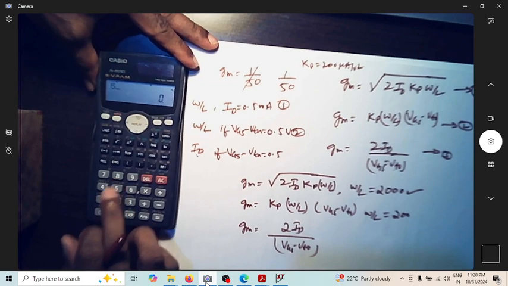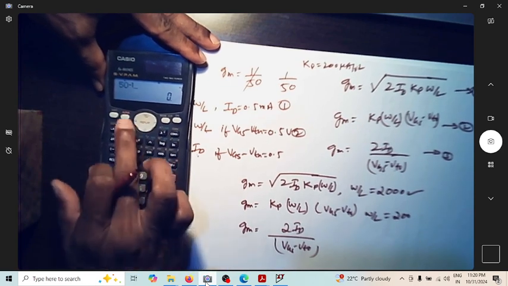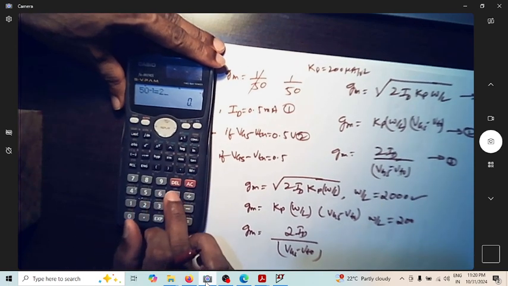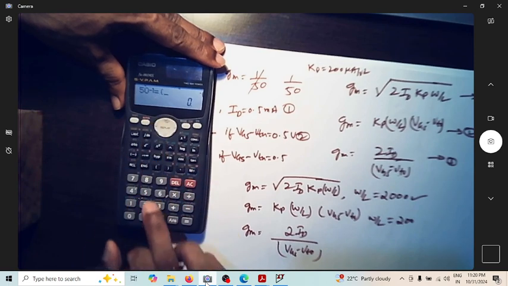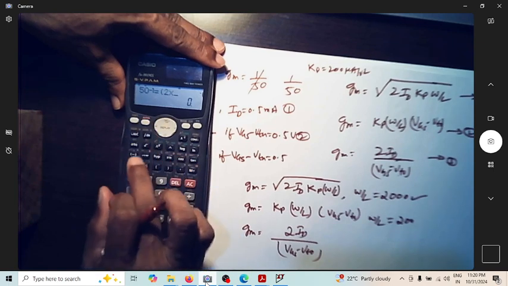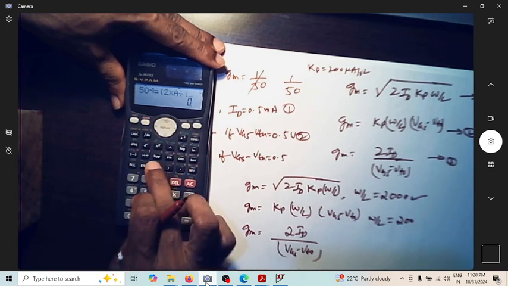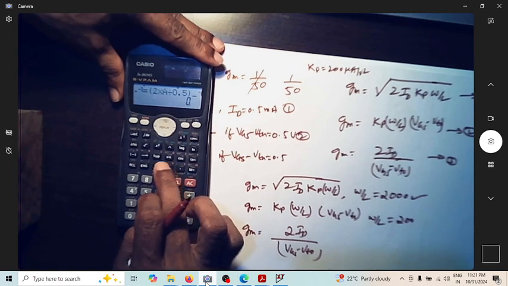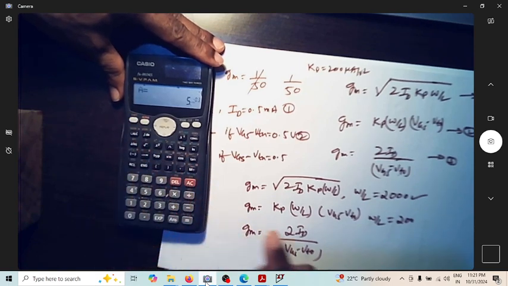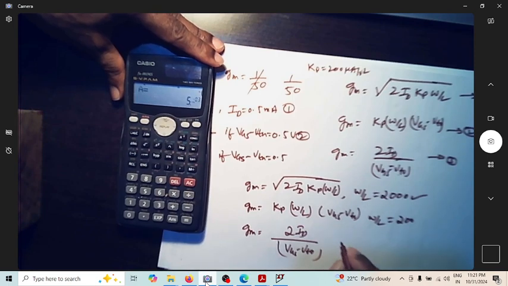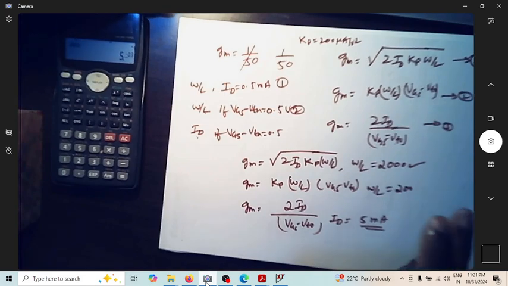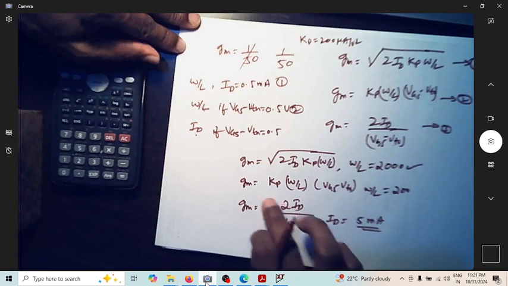Is it not again 50 inverse alpha equals 2, okay, let me open the parenthesis, 2 into alpha a divided by, open the parenthesis, of course divide by 0.5 close, shift cal. So now what is ID? ID is equal to 5 milliampere. So this way we can comfortably find the values.